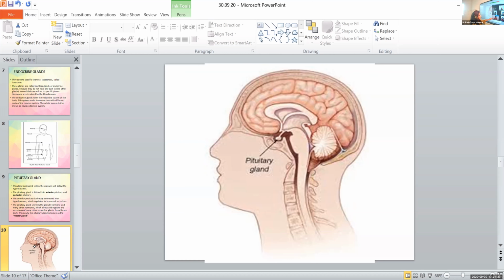Before telling all these things, we have to note that in the endocrine system, the hypothalamus has a very major role. The hypothalamus also secretes some hormones, but it is not considered a gland as such, but it governs the different processes of the endocrine system.